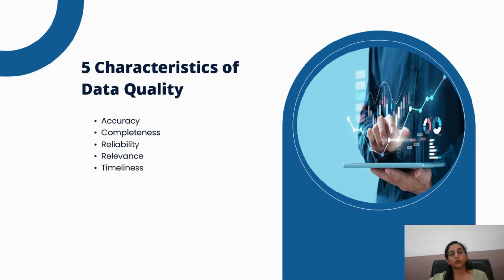Completeness refers to how comprehensive the information is. When looking at data completeness, think about whether all of the data you need is available. You might need a customer's first and last name, but the middle initial may be optional.